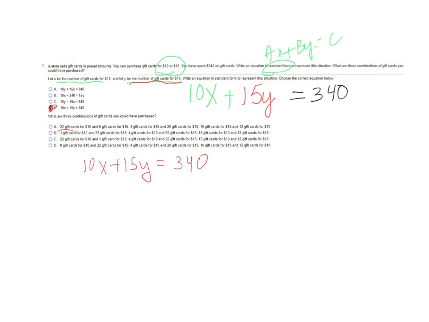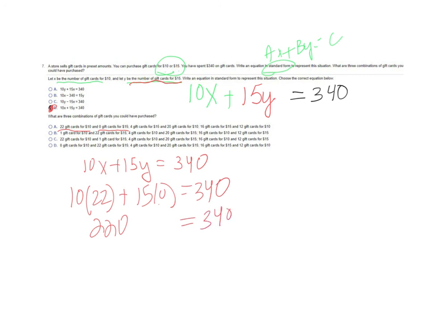It says 22 gift cards for $10 and 0 gift cards for $15. Well, if I do 10 times 22 plus 15 times 0, does that give me $340? It obviously does not. 10 times 22 gives me 220, plus 0 is 220, and that's not 340. So we don't even have to try the rest of them because the first combination in part A is done.